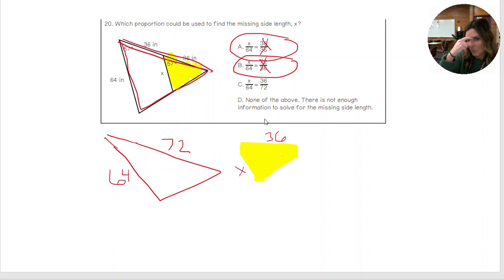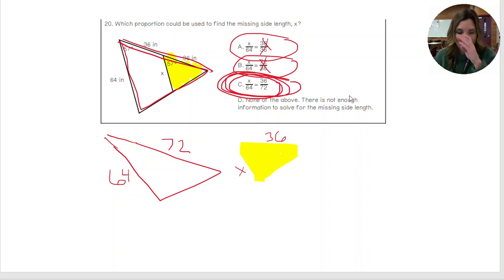And remember that when you write your ratios, it has to be the same. If you do little to big, you have to do little to big. Or if you do big to little, you have to do big to little. So let's look at the next one. They did x over 64, so little to big, over 36 over 72, little to big. So this one will work. That is the final answer.